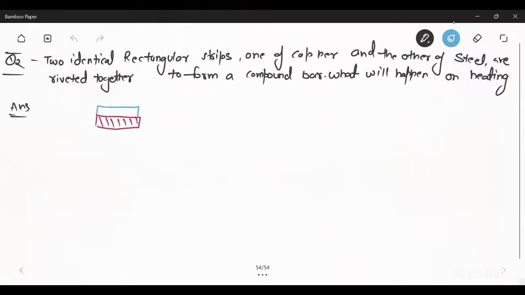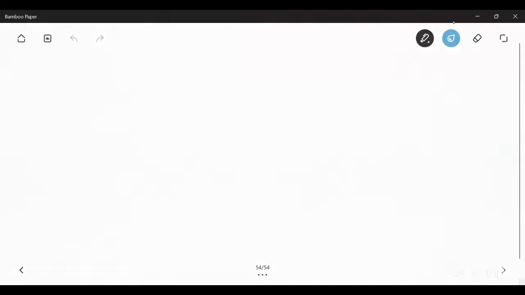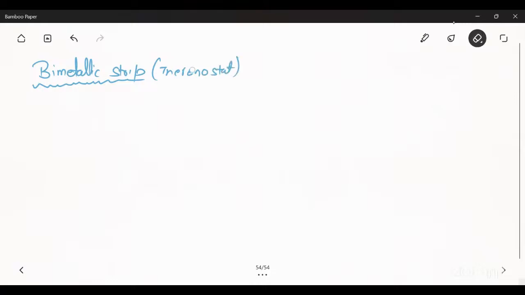Exactly, we have seen in our class the concept of a bimetallic strip, so they also become a bimetallic strip. What is a bimetallic strip? It is also known as a thermostat. And what is its work? It is used in electrical appliances.